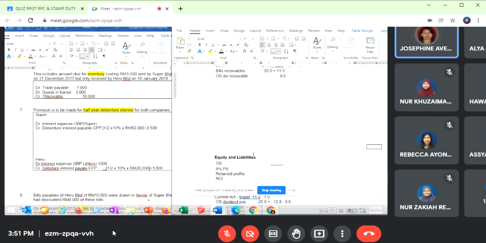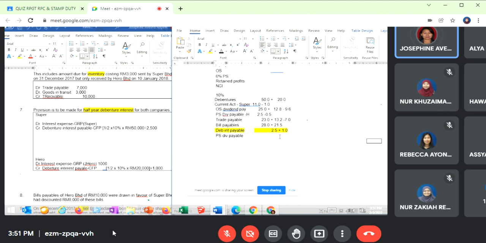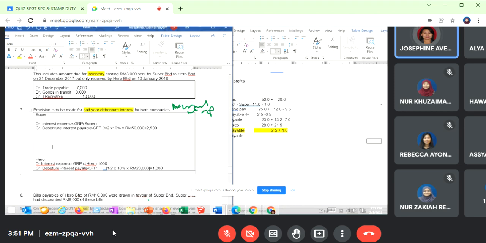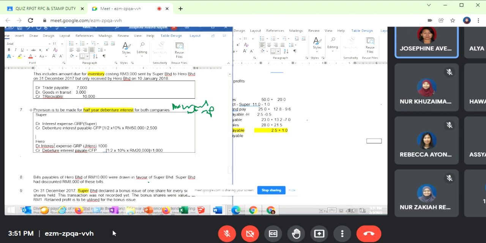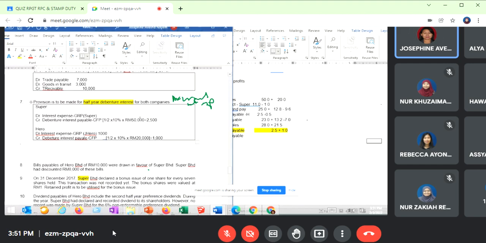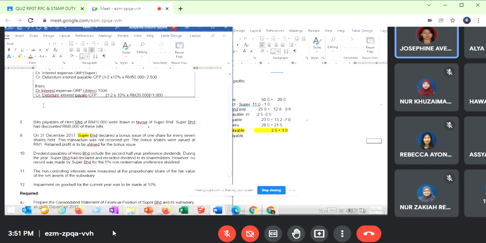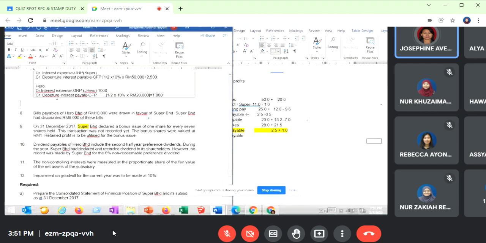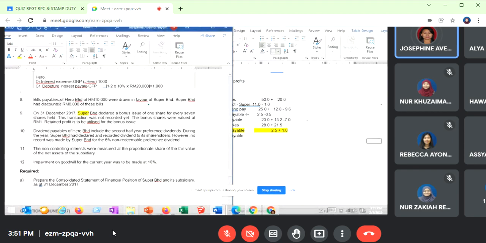And there is an additional debenture interest of 1,000. So that is the adjustment. You need to do this because the two parties have not recorded the interest in their books. So the group's assets and the group's liability have to be adjusted.